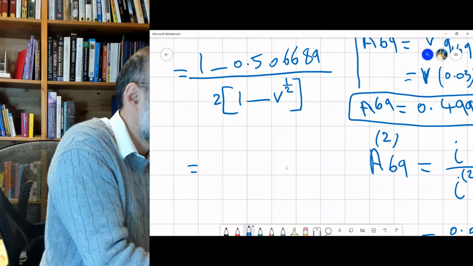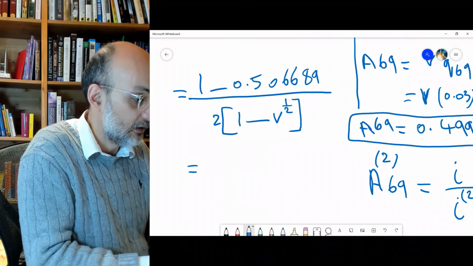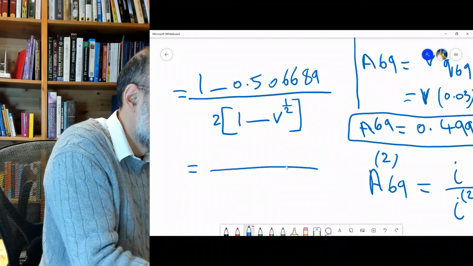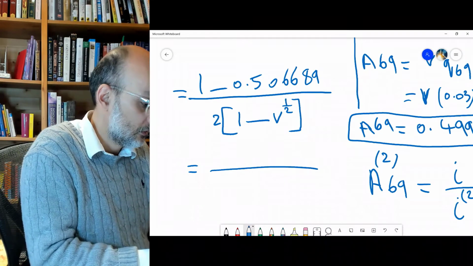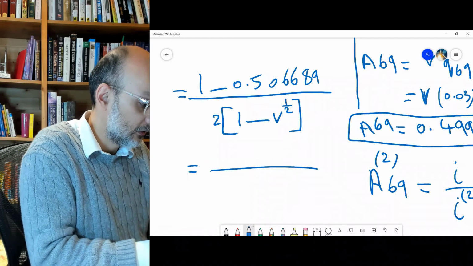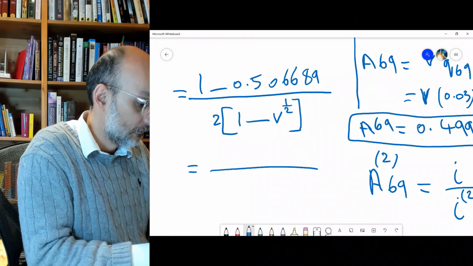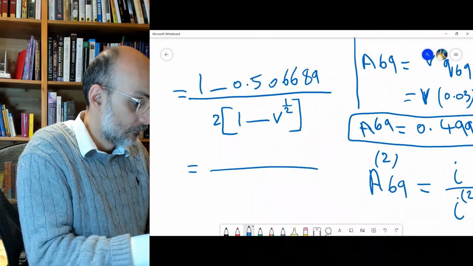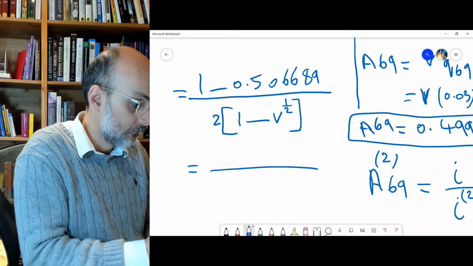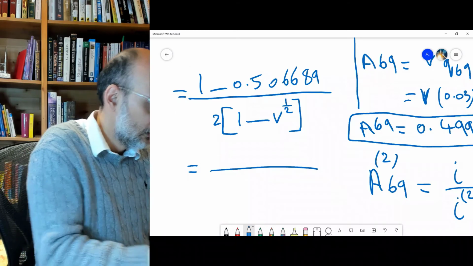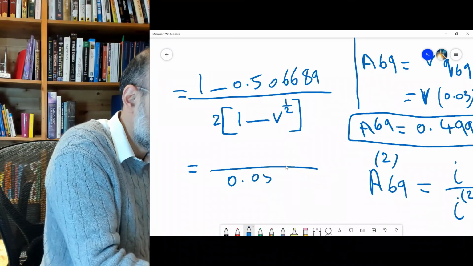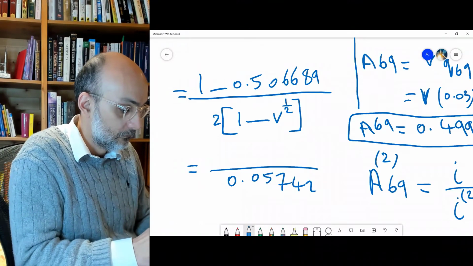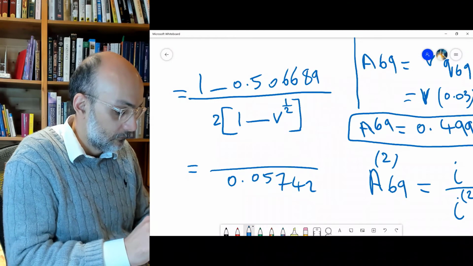If you do this, let me do it quickly. d(2) is 1 minus v to the 1/2. If you do that, your v will be 0.5742. One minus.